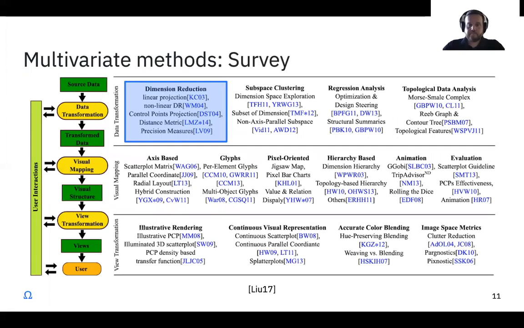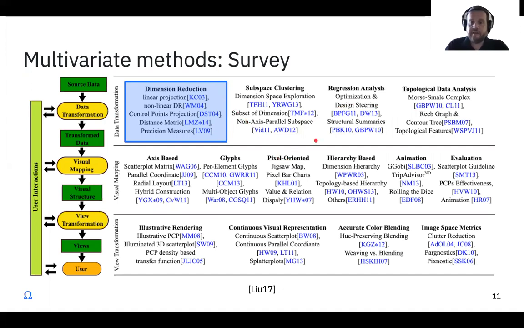This is the key figure in the survey. Here is a nice summary of what we can do, and we're going to go over a couple of those subdivisions, starting with dimension reduction.